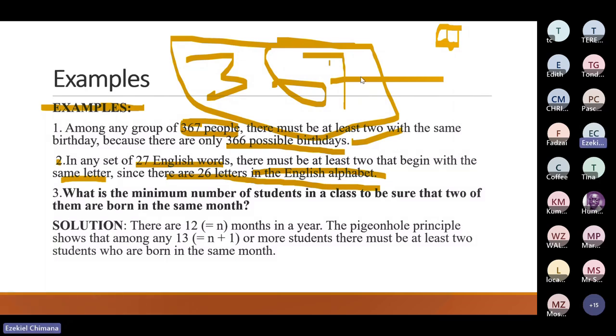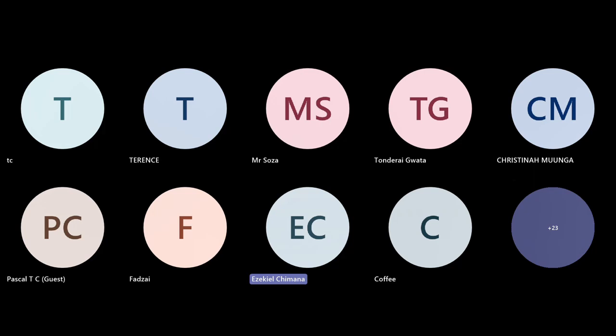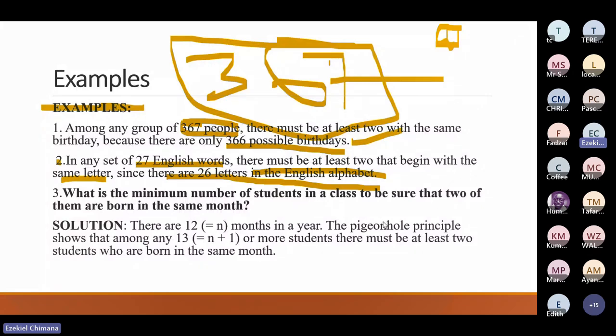Because even if I miss A, I can't see. I'm seeing the last exercise of permutation. I am sure, let me try to reshare and see if you have something. What about now? Still nothing. Let me try to rejoin it. What about now? Are you seeing, Mr. Sosa? I can't see anything. I'm still seeing the same exercise on permutation. So let me re-exit and rejoin, I think.